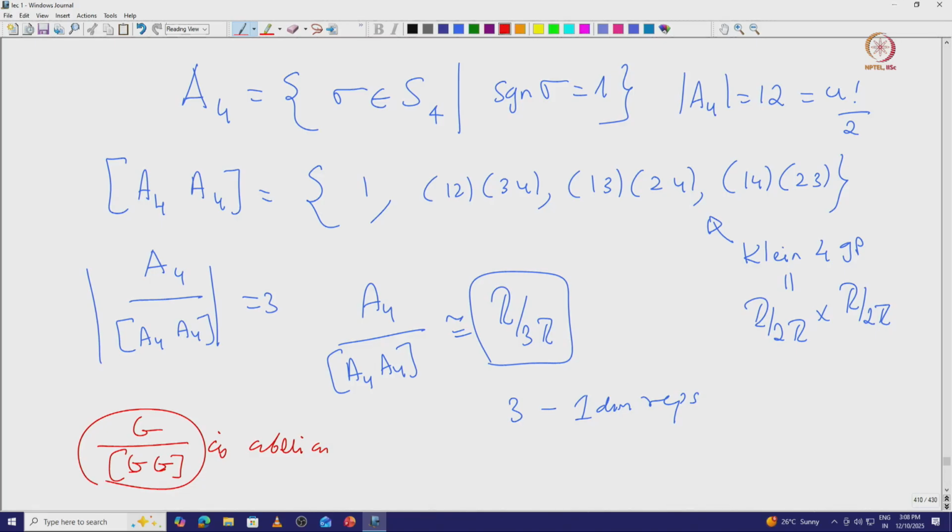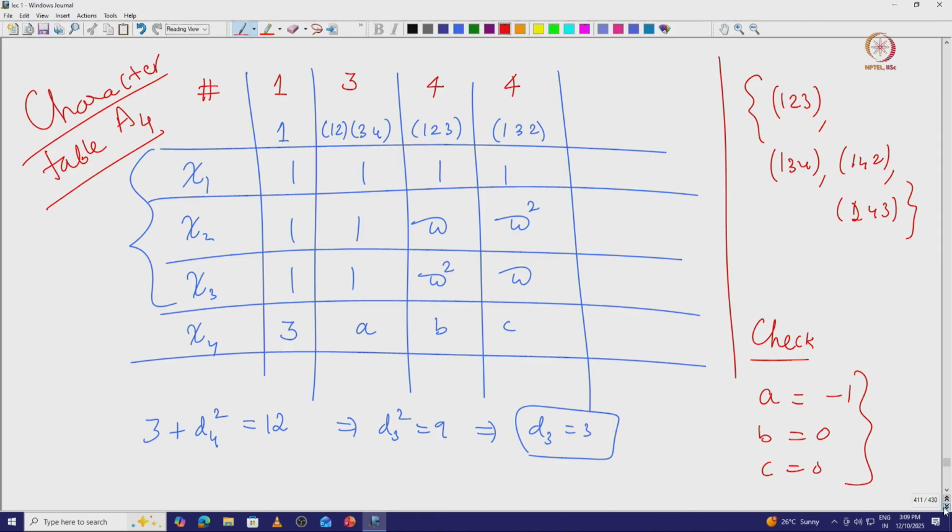So, in particular we are able to get all possible one dimensional representations, and since the number of irreducible representations is very small, we are able to get explicitly what the character table is. And when we go to the symmetric group on 4 letters and so on, we need some more preparations, which I will be able to tell about later once I introduce the tensor product and so on.